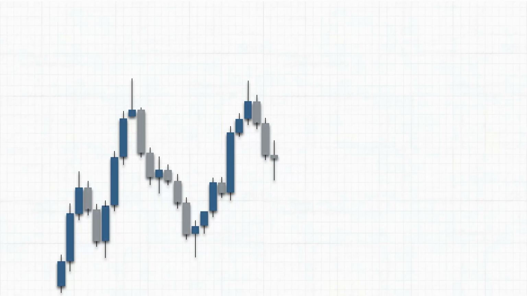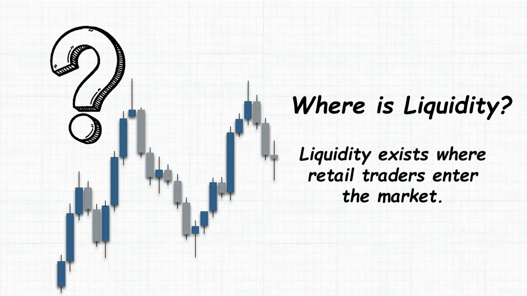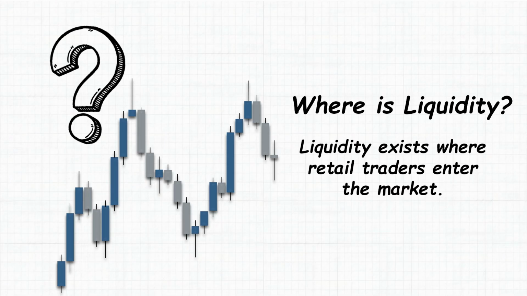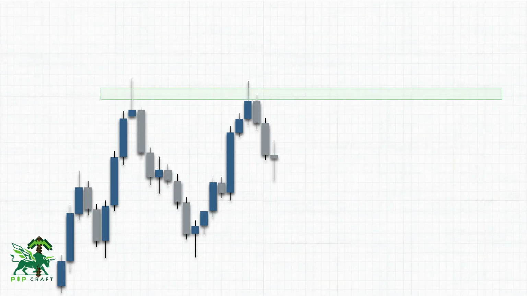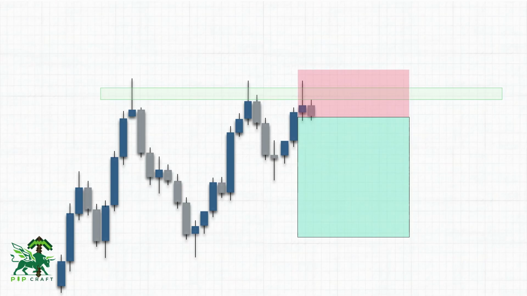In another example, imagine smart money wants to sell this pair. To do that, they need liquidity to fill their large orders. So, where is the liquidity? Liquidity exists where retail traders enter the market. Here, we have an area of resistance that has rejected the price multiple times. If the price returns to this zone, many traders will go short, placing their stop losses just above it. This means the liquidity is above the zone.